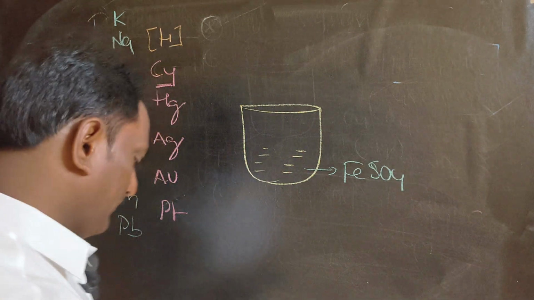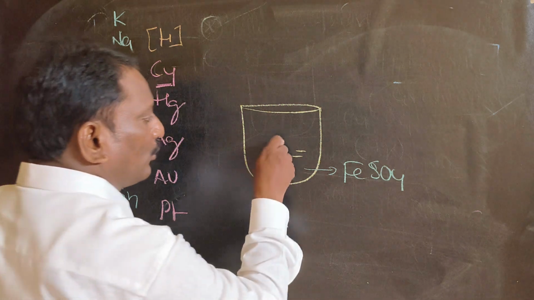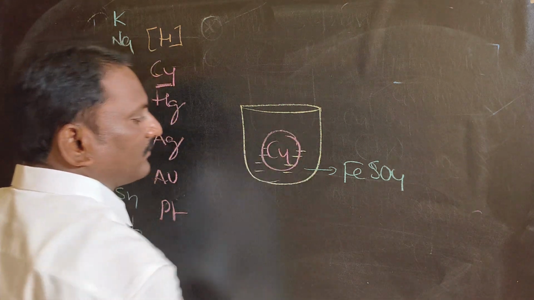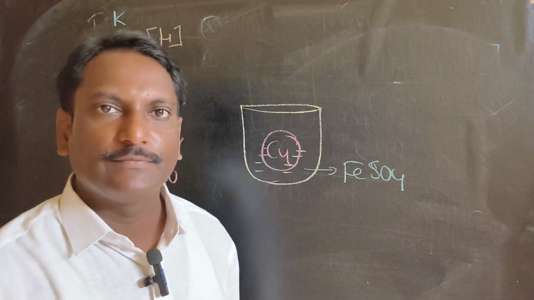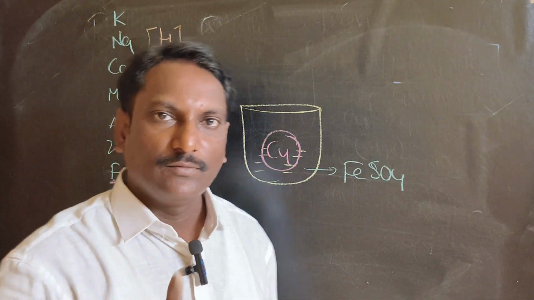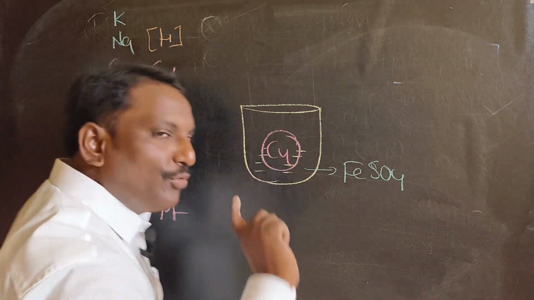Please remember that. I am dropping one copper coin in this one. Dropping the copper coin. What will happen? Can you say? Right, very good. So here there is no reaction.